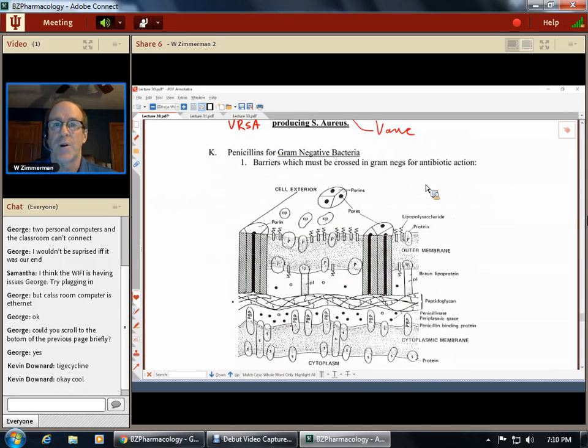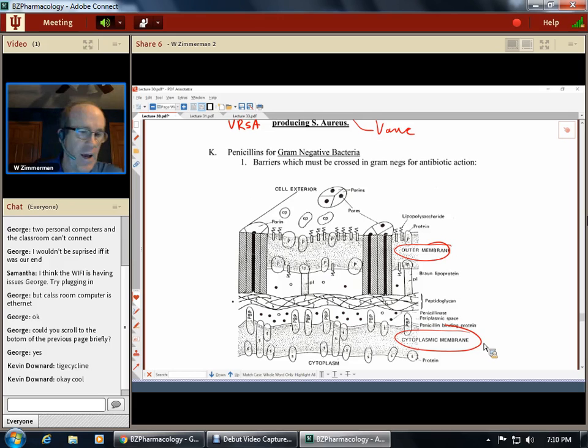Looking at the gram-negative bacteria, a different kind of cell. For one thing, there's an outer membrane and there's a cytoplasmic membrane. So you've got 2 membranes. And that outer membrane is tough to penetrate. So you've got to have an antibiotic that can get through that. Fortunately, we've got these holes, these porins.